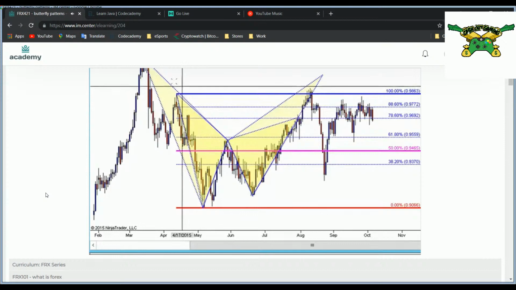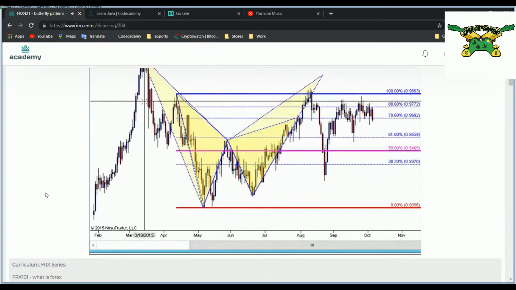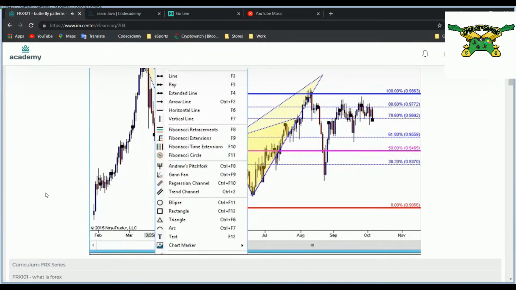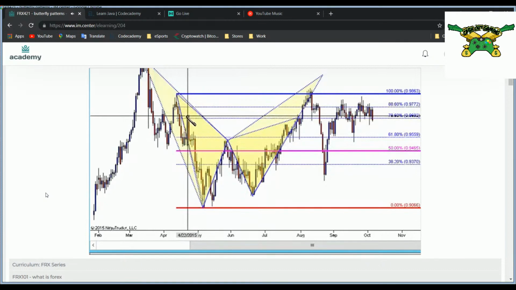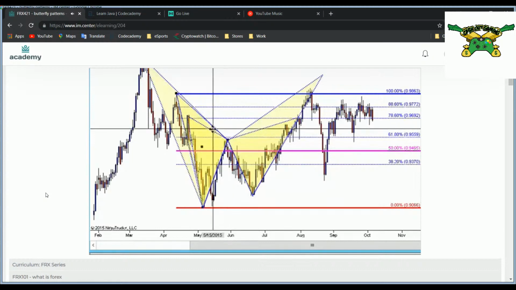So as we see right now, before we get to the butterfly pattern, we already have two patterns within this whole structure. Now we're looking at this lower high because the market has made a lower high, pulling the structure down, pulling the pattern down, and we see that it made a 786.